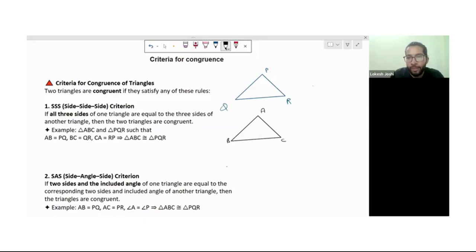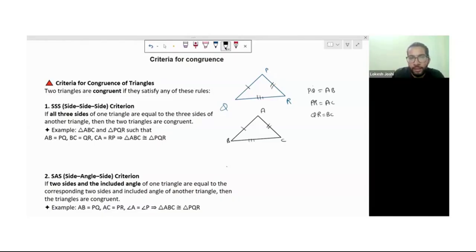Then we say both triangles are congruent only when our side PQ is equal to AB, PR is equal to AC, and QR is equal to BC.